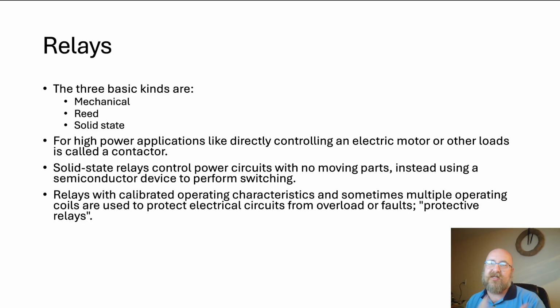We'll work with these later this quarter. You'll send a signal to the coil. That coil will become a magnet. That magnet will force an iron rod to make contact with another circuit and close a switch. So that's what a contactor is. It's essentially a high power relay.